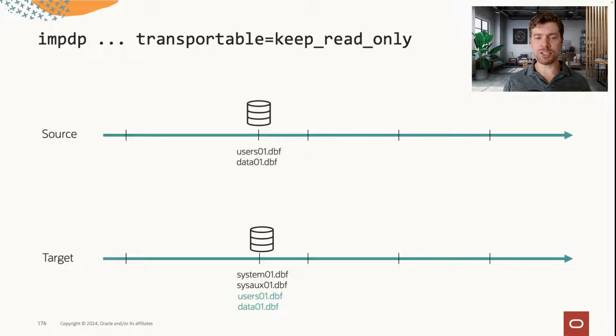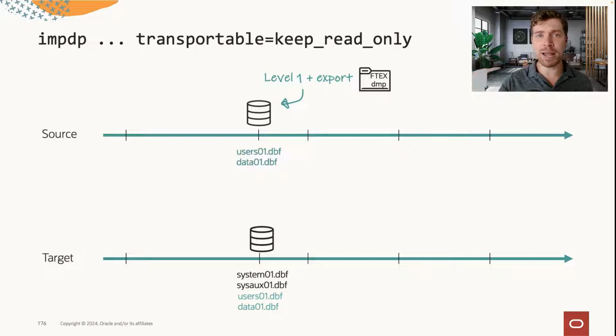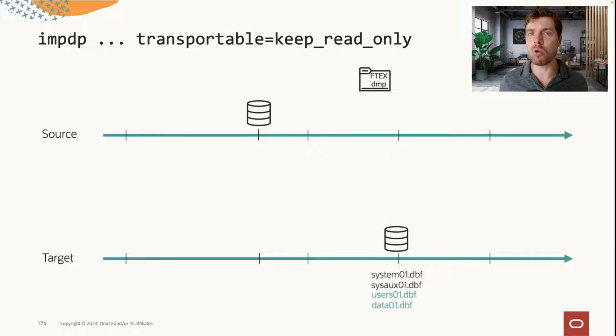But what you need to notice here is that my user01 data file and data01 data file are the same as before because I used that TRANSPORTABLE=KEEP_READ_ONLY flag. That means that after I take a new level 1 backup in my source system and I produce a new full export for transportable, I can apply this level 1 incremental over those data files because they were not opened in read-write, meaning they are still the same.